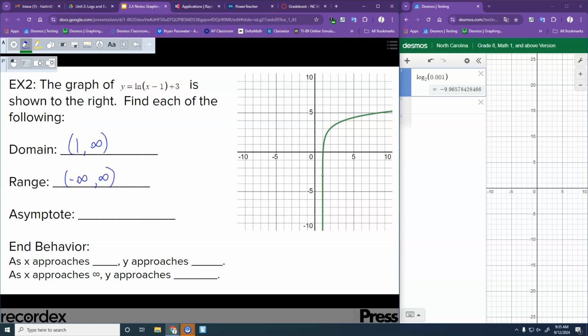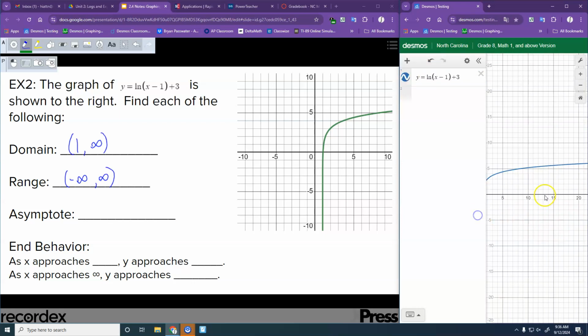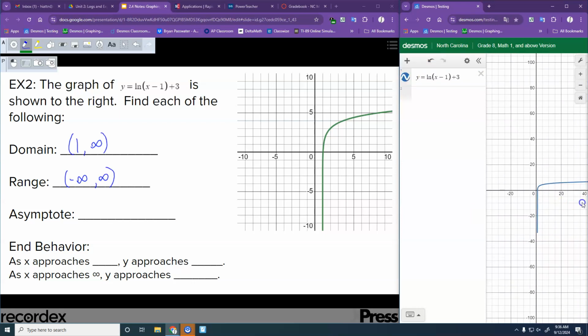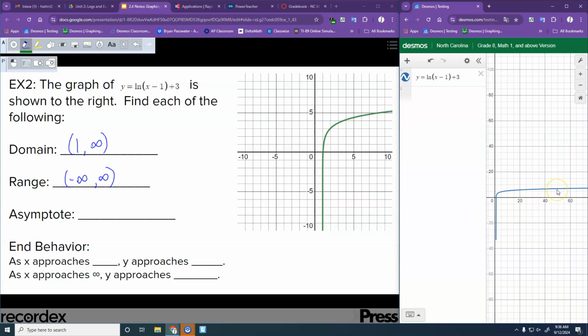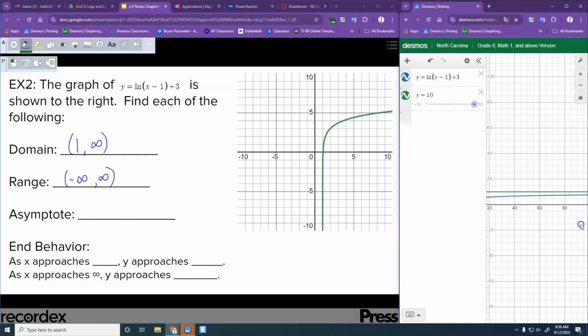A lot of times if you actually graph these over here in Desmos, like if I type this over here, y equals natural log of (x minus 1) plus 3, if you zoom out a lot, it's going to look like you might have a horizontal asymptote there. You don't. It's going to keep climbing. Like for here, maybe it looks like my horizontal asymptote is at y equals 10. That looks like a horizontal asymptote.